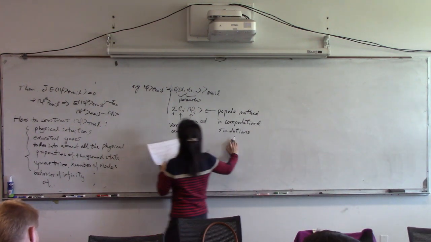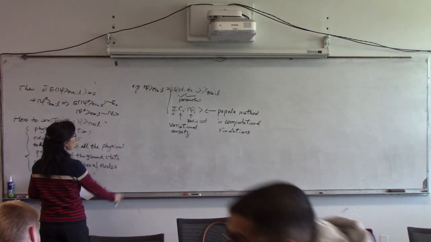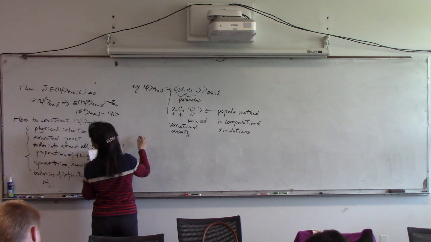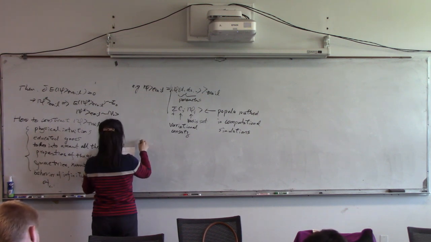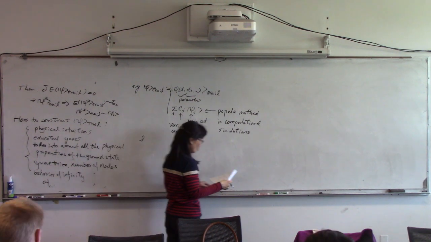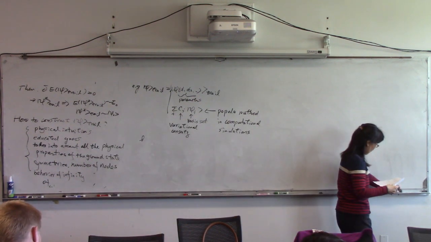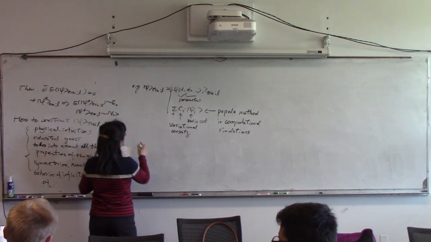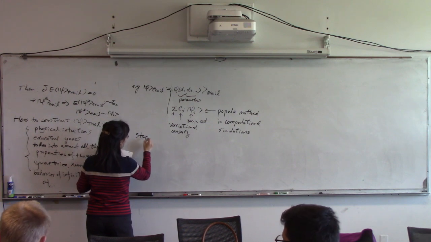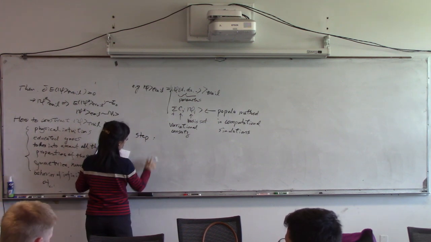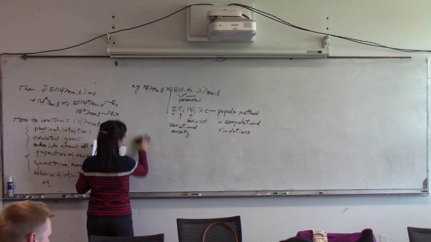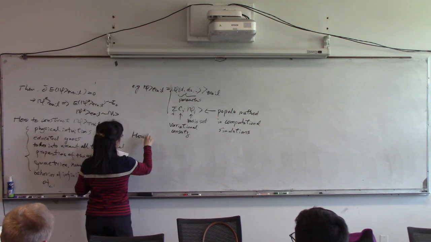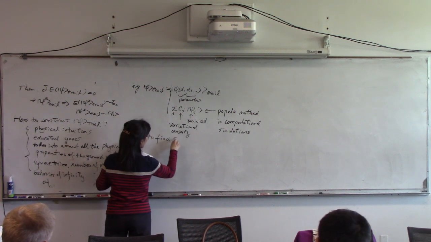Okay, once we have that, right? That is how to construct the trial function, either this way or this way. Then we can just calculate. So next steps, right? How to find E naught.